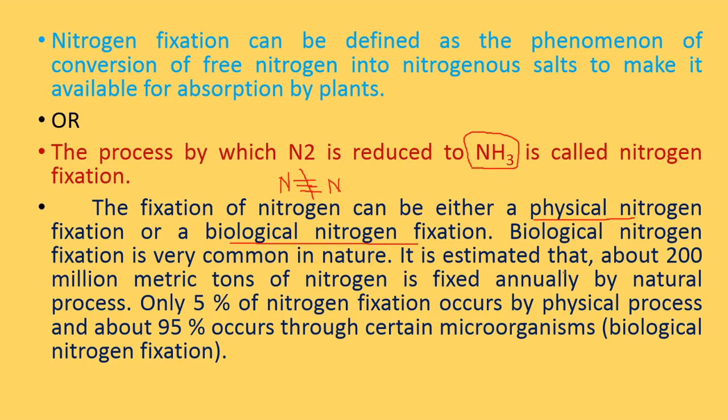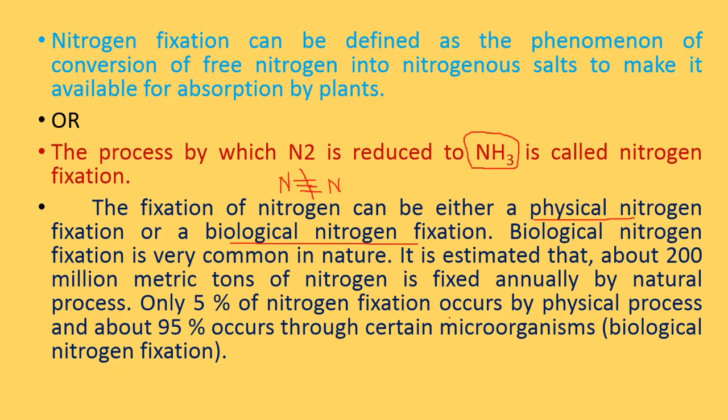It is estimated that about 200 million metric tons of nitrogen is fixed annually by natural process, that is, by the biological nitrogen fixation method. Means 95% of nitrogen gets fixed into the soil by biological nitrogen fixation, and only 5% gets fixed into the soil by physical process. So the physical process is very uncommon and a very small quantity of nitrogen gets fixed by this method.